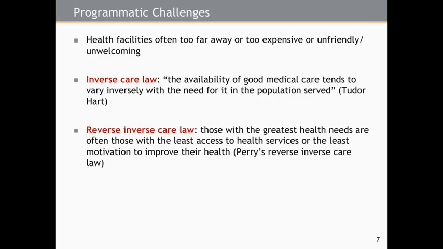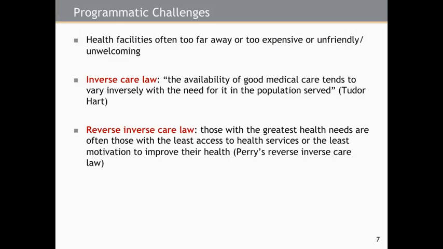And he talks about, in the British case, how the best medical services are available to the people who need it the least, and the people who need healthcare services the most have the worst medical care. And of course, we know that that's even more true in so many other countries where development is still very much in the early stages.